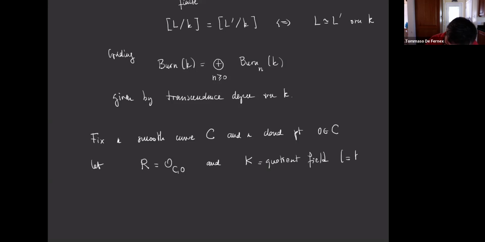Which of course is the same thing as the function field of the curve, or if you like, the residue field at the generic point.